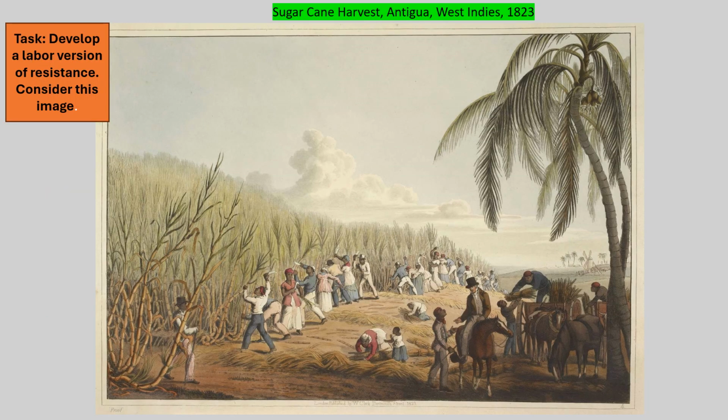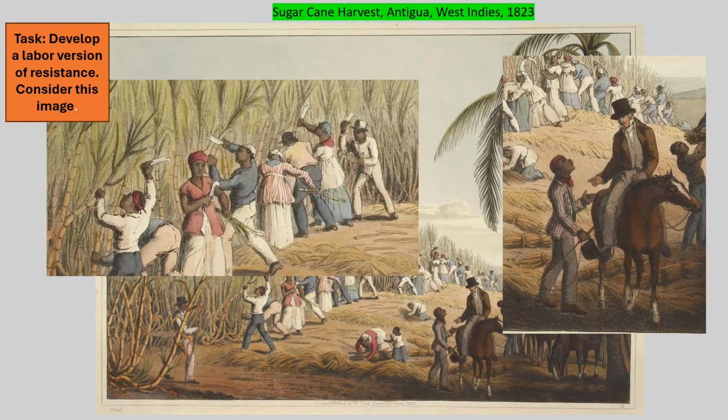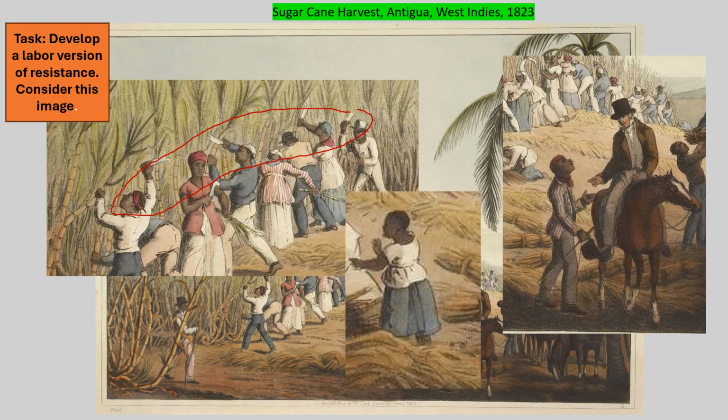For this slide, you're going to develop a labor version of resistance. You're trying to put yourself in this particular situation. How can you resist? Can you do this through violent means? What is the process? Maybe what you do is get everybody here to slow down their rate of production, which could be viewed as a form of resistance.